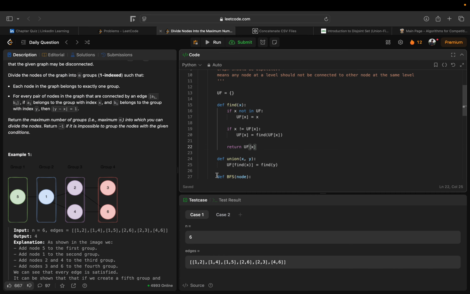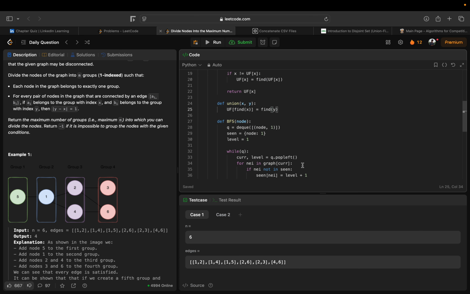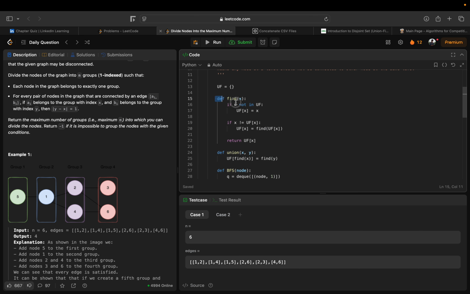If we want to merge two disjoint sets, we can use the union method. We solved yesterday's problem of the day using the union find method, so you can go through that problem to learn more about this.